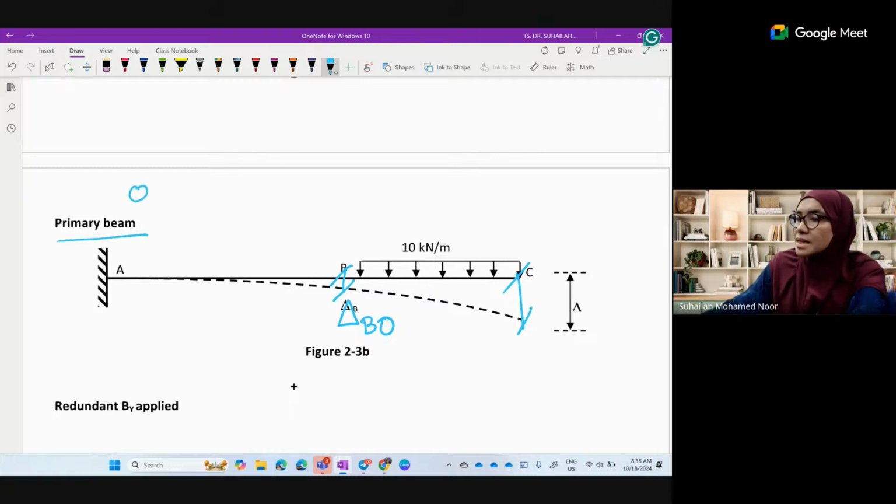Okay, so it is delta B naught. Delta B naught means deflection at position B for primary beam. Okay, that is delta B naught. Okay, at point C, again, this is also delta at point C for primary beam. So it is delta C naught.